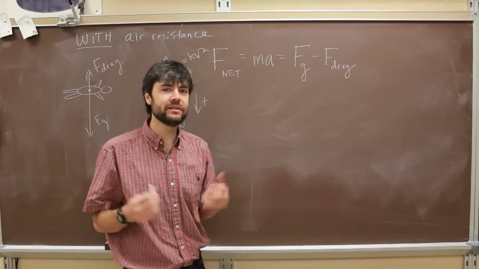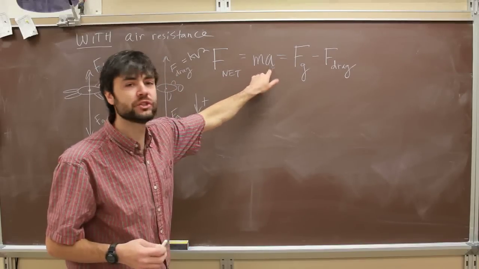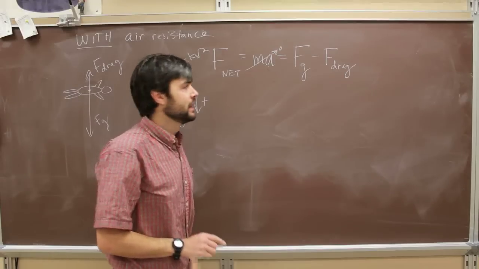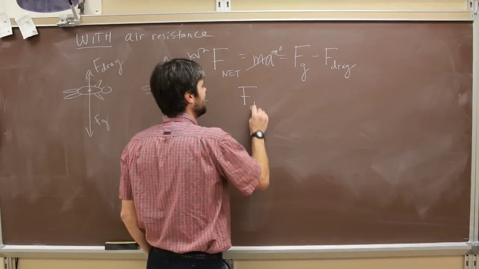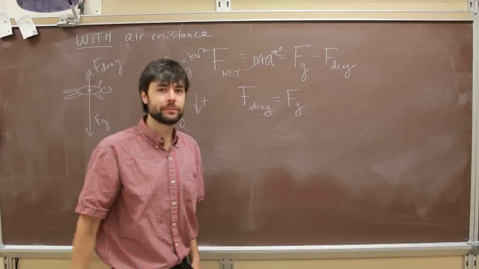So can we find the terminal velocity? Sure. At terminal velocity, there's no more acceleration. So this becomes 0. And if we add F drag to the other side, we say F drag equals Fg.